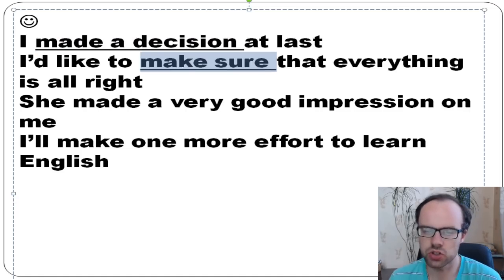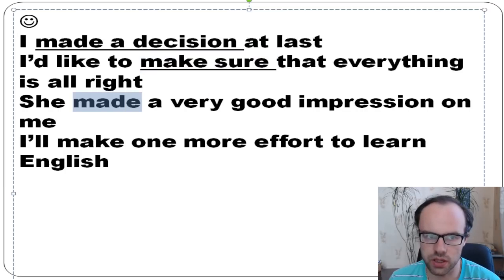It means I'd like to be sure, I'd like to feel confident that everything is all right. She made a very good impression on me. So we say make an impression. I'll make one more effort to learn English. Yeah, I think it's a good idea. We say make an effort.